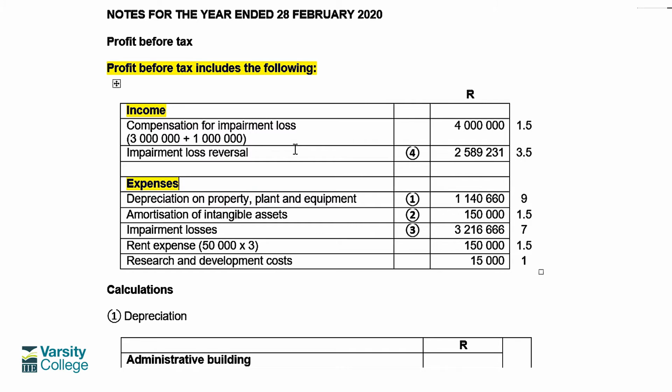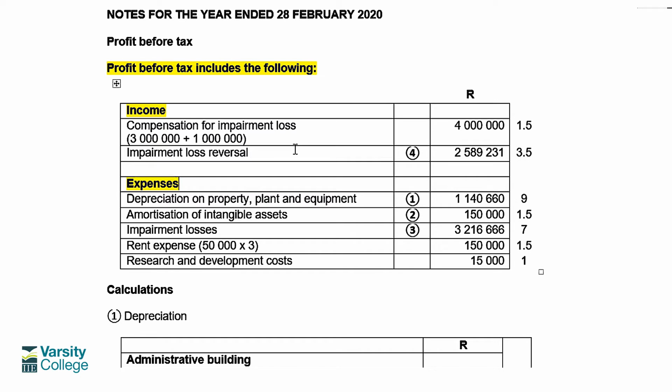So put them in straight away, and in probably 30 seconds, you've earned 1.5 marks. The figures do not need to be separately disclosed, so just add them together. The 3 million from the admin building and the 1 million from the computer and the software. 4 million, done and dusted. Similarly, under expenses, there's some easy items as well.